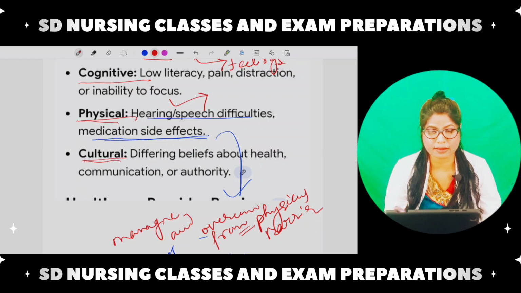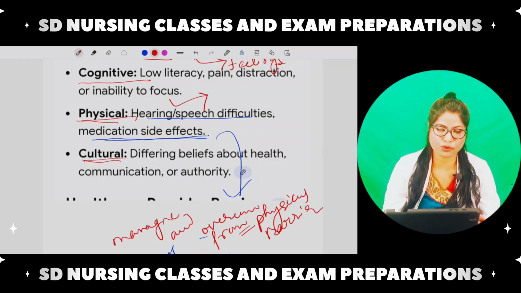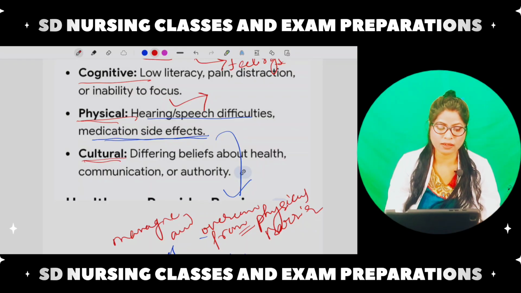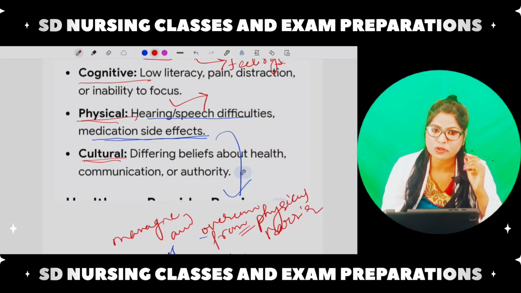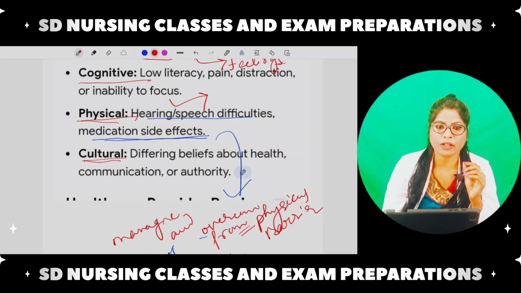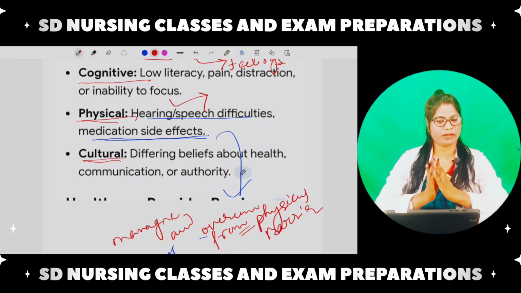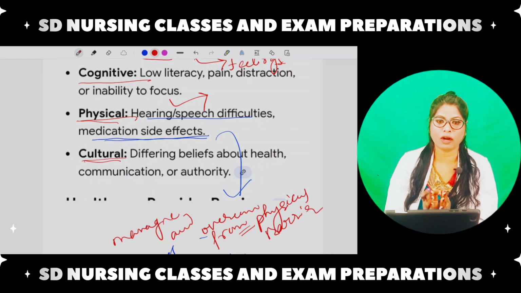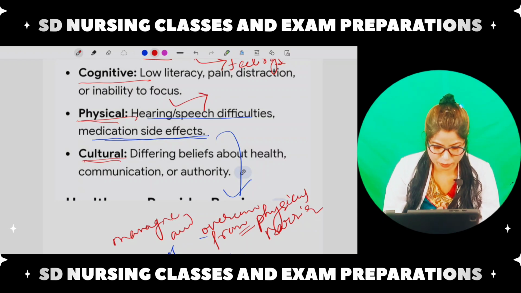And cultural, yes, before itself I told you about the cultural belief in the psychosocial barrier. So cultural means the patient's belief, and accordingly we have to give care to the patient. How do we overcome this type of barrier?